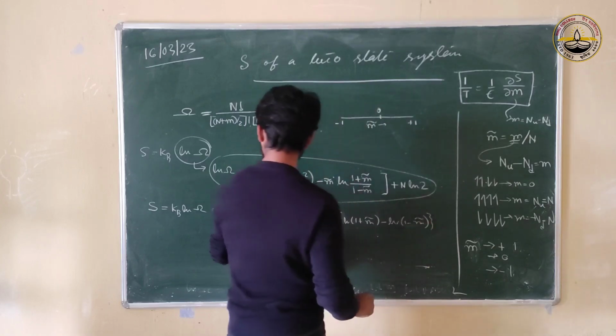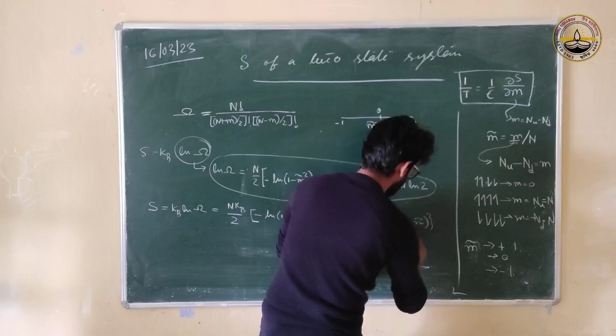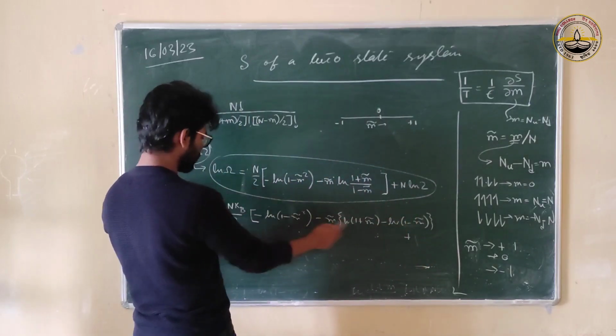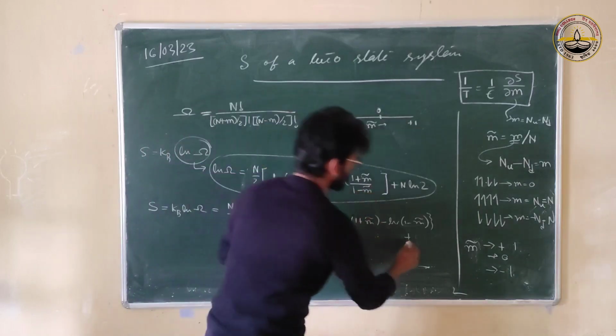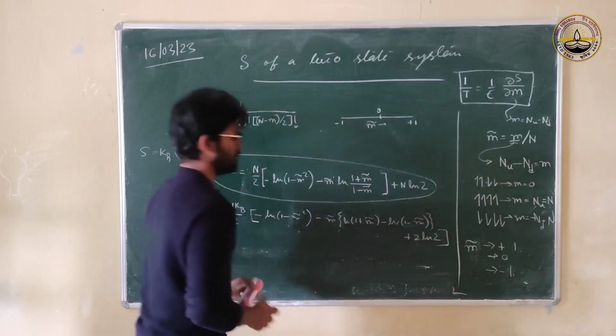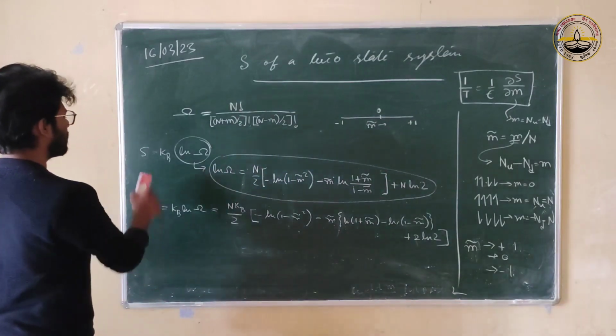And then of course plus, if you take it outside, total 2 ln 2. Yeah, that's our entropy.